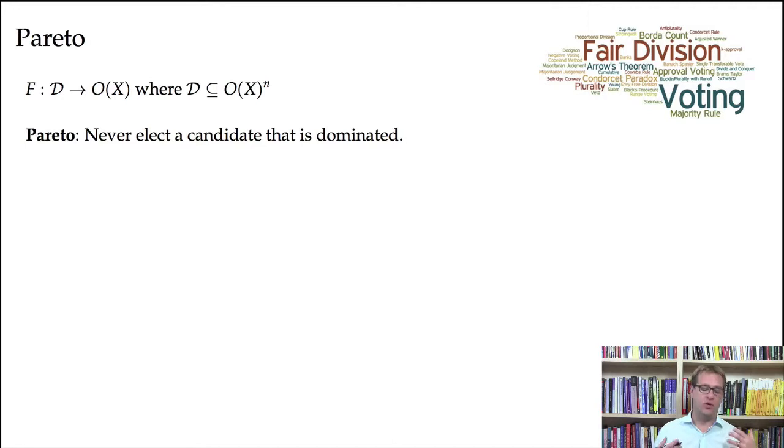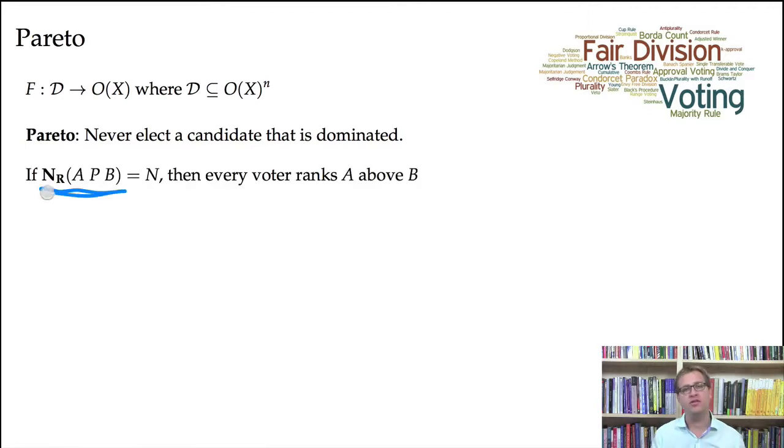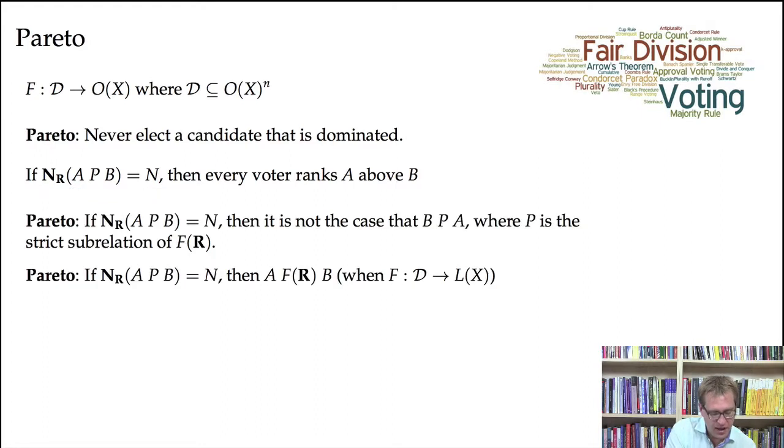So the way we're going to formalize that, recall this notation, N_R(A P B): that's the set of voters that rank A strictly above candidate B. If that set of voters is equal to the whole set of voters, then that just means everybody ranks A ahead of B. And if that's the case, Pareto means it cannot be the case that the group outcome ranks B ahead of A. Here, P is the strict subrelation associated with F of R. So F of R is the group ordering, a reflexive and transitive ordering, associated with the profile R. So the definition of weak Pareto says, if everybody ranks A strictly ahead of B, then B cannot be socially ranked strictly ahead of A.